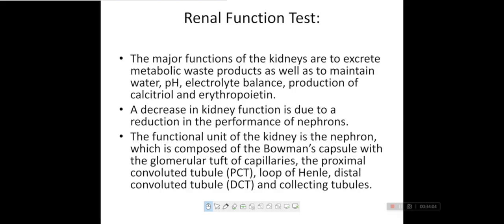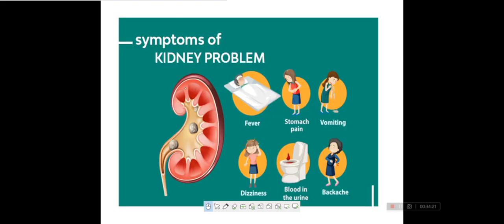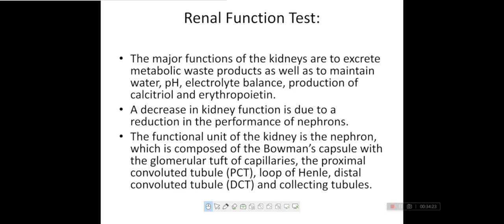Next is the renal function test. What are the renal function tests? The major function of the kidney is to excrete metabolic waste products as well as to maintain water, pH, and electrolyte balance, and the production of calcitriol and erythropoietin in our body.